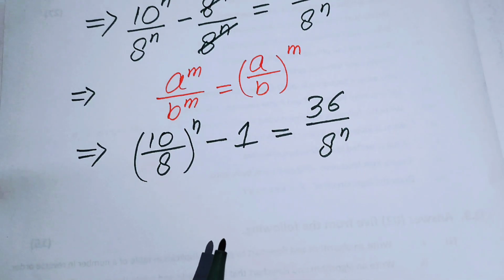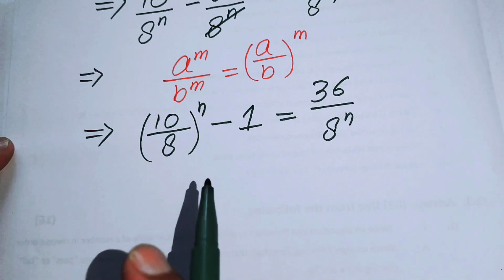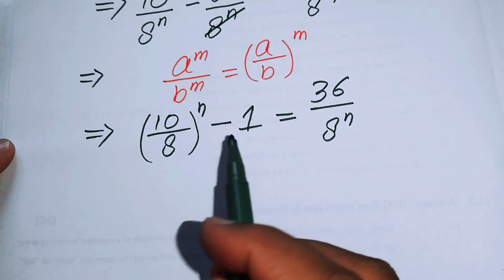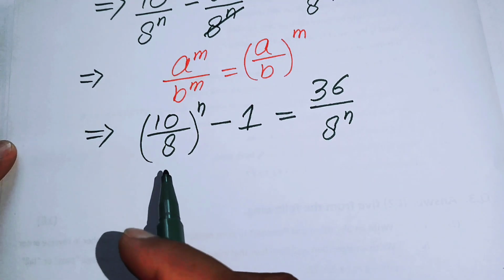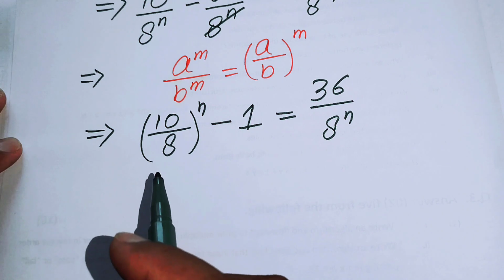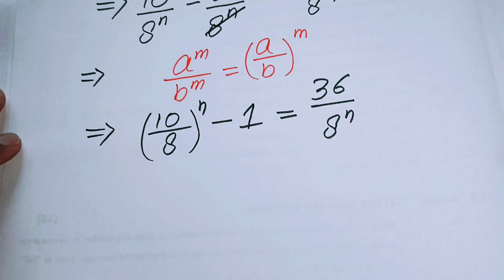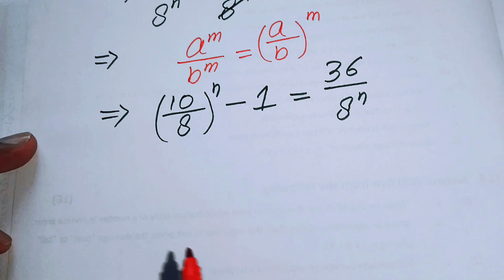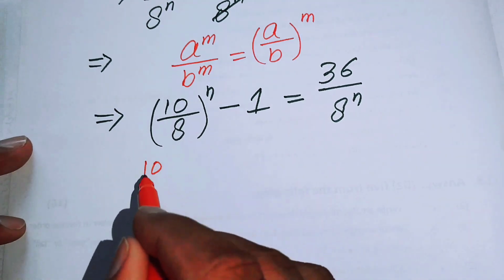Now focus on both of the sides, and first on the left hand side, where you have 10 over 8 to the power of n minus 1. Here you see that 10 over 8 is greater than 1.